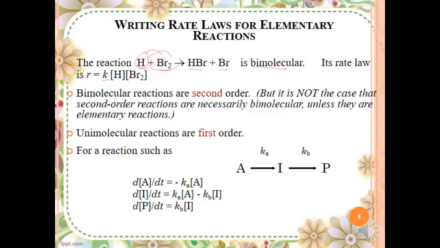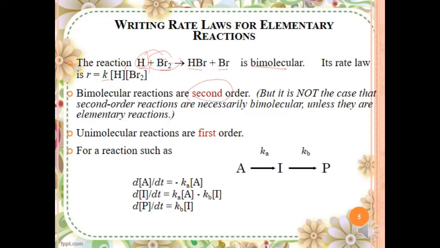So bimolecular reactions are second order, because this is first order and this is first order, so the overall order is 2. But it is not the case that second order reactions are necessarily bimolecular, unless they are elementary reactions.